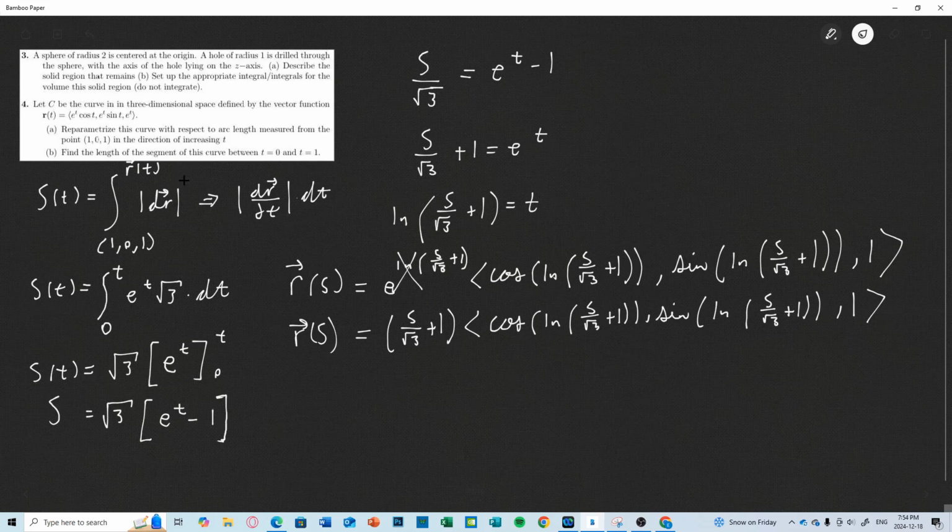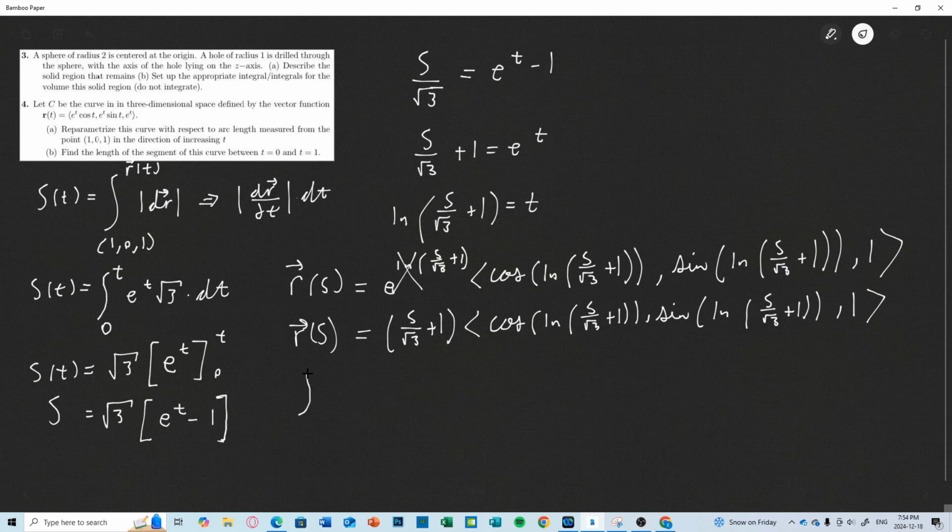So now for part B, when we want to find the line segment of the curve between t equals 0 and t equals 1, the only difference here is in our integral, instead of going from 0 to t, we're going to go from 0 to 1.